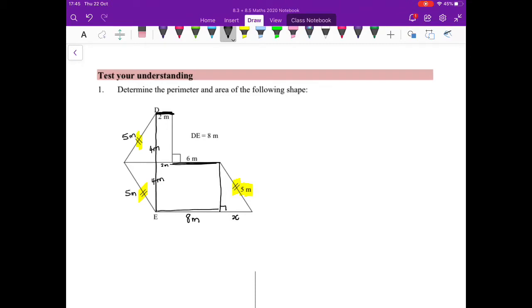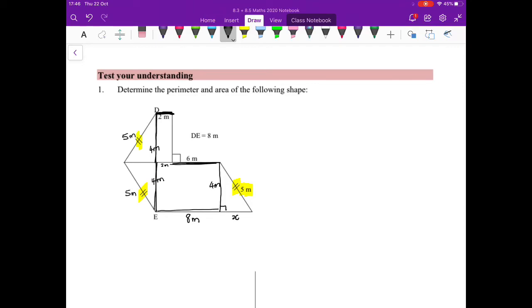So let's have a look how we are going to calculate this. The first thing I want to do is find the value of x. This is 4 meters, so this line here is also 4 meters, because then I could find the perimeter.